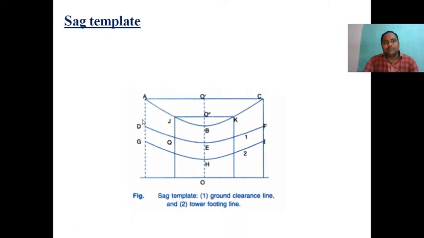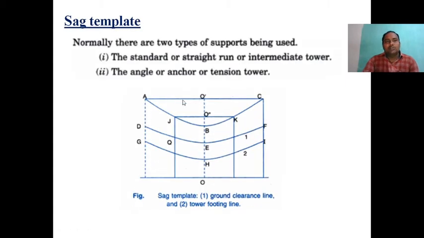Sag template. Normally there are two types of supports being used. When the supports are at equal levels, we use the straight run or intermediate tower. The second one is the angle or anchor or tension tower.